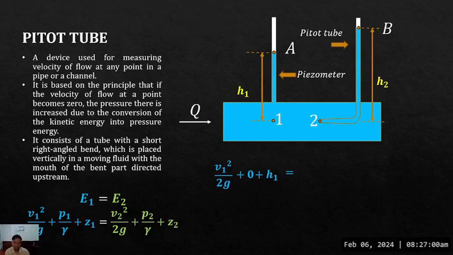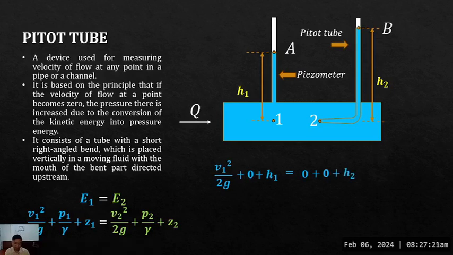So again, sa pitot tube, tandaan natin, ang velocity po sa point 2 ay 0. Okay, so 0 yung velocity head dyan. And then pressure head, of course, open pa rin sa atmosphere, so that would be 0. And then we have the elevation head, that is H2.